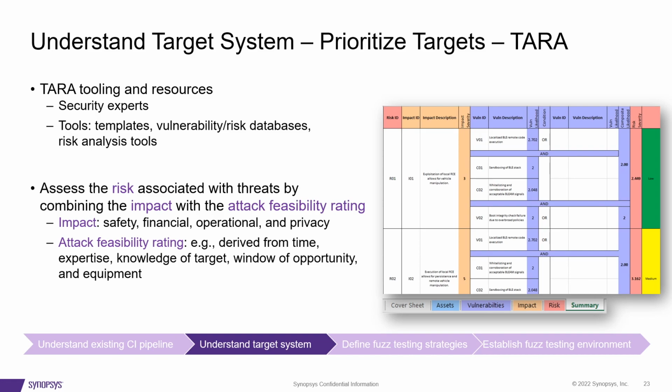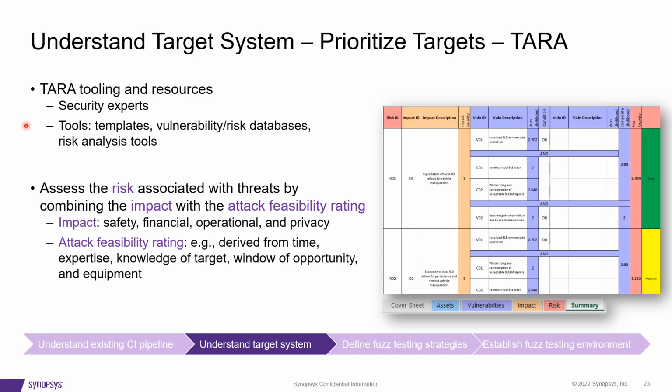So let's start with the TARA. The goal here is to identify different threats and identify the risks associated with those threats. To perform a TARA, you typically need some tooling and resources. In this way, you can have, for example, security experts and other people who are familiar with the systems involved in performing this activity.